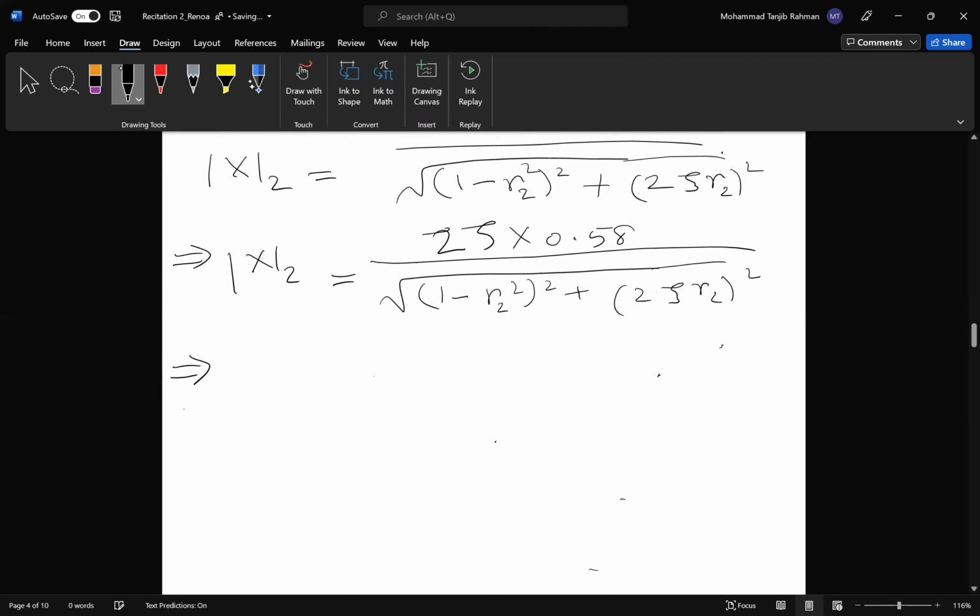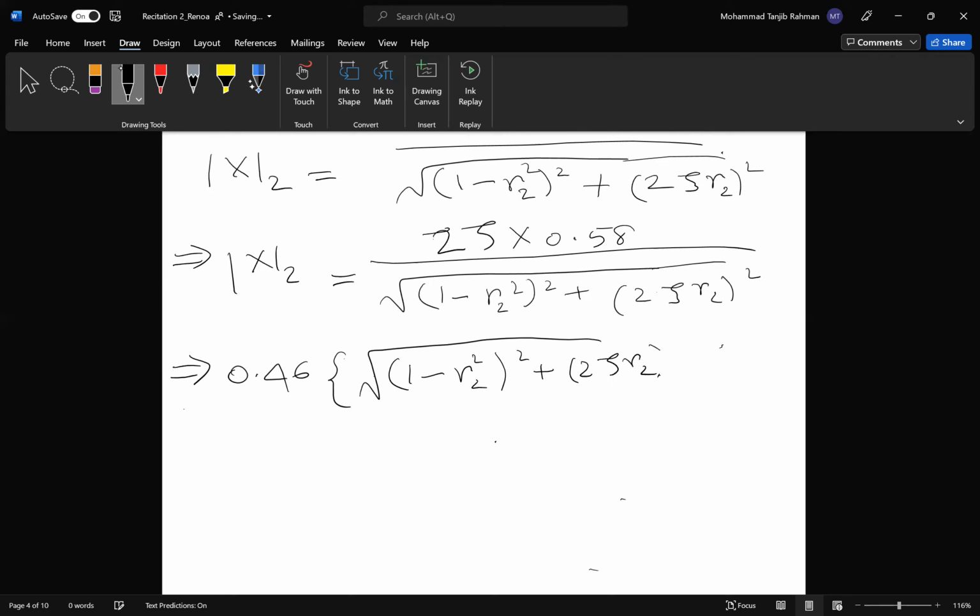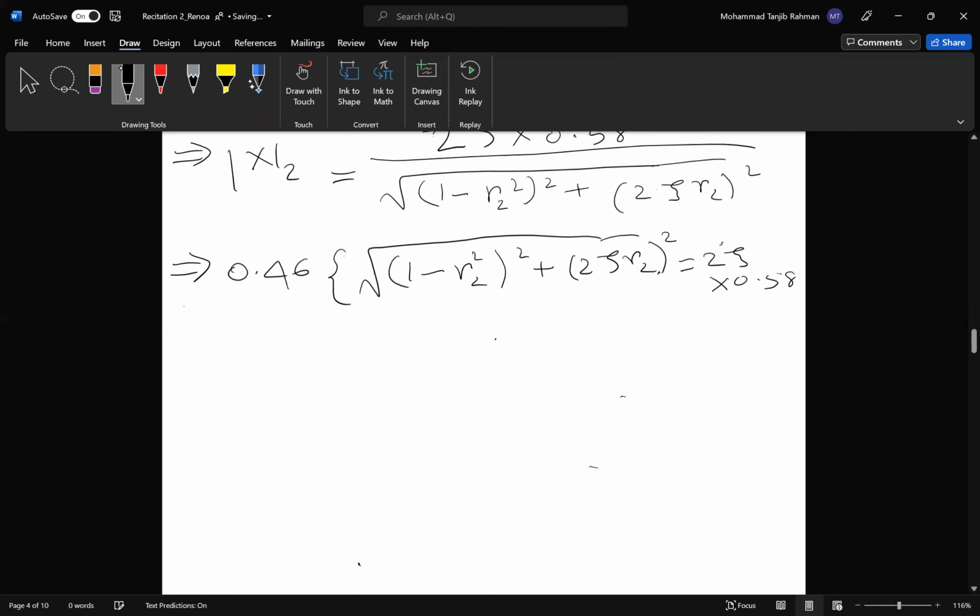So x2 is equal to 0.46. I'm just taking this term to the side. So it would be like root over 1 minus R2 square whole square plus 2 zeta R2 whole square equals 2 zeta multiplied by 0.58.